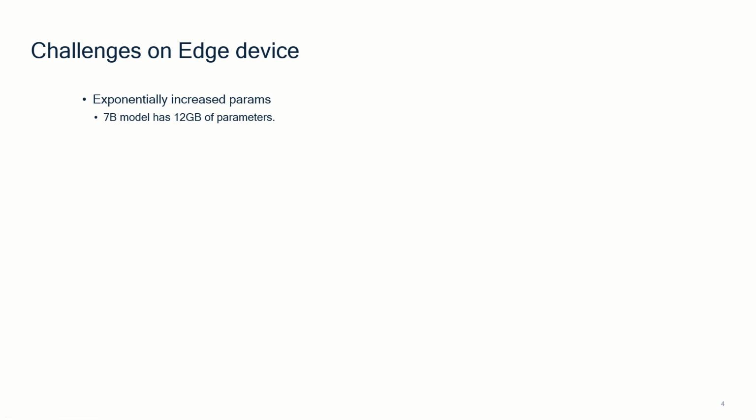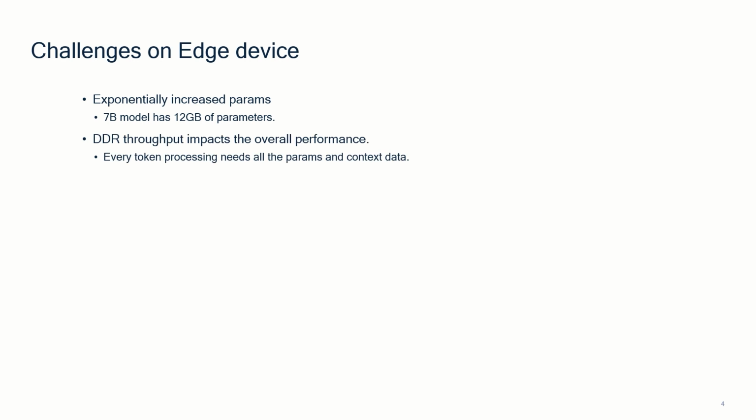A simple 7 billion parameter model technically will have 12 GB of trained parameters on the target. So the challenge starts with how we place such massive parameters on edge devices with limited RAM capacity. DDR throughput is also key here, because every inference we do with these models involves all these parameters being consumed by the model.